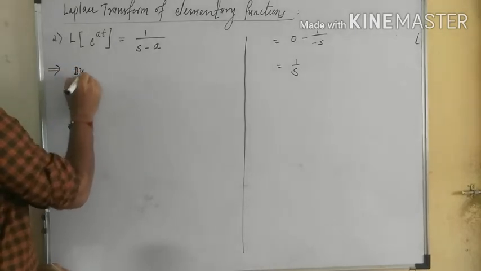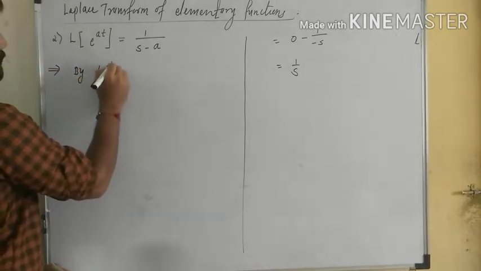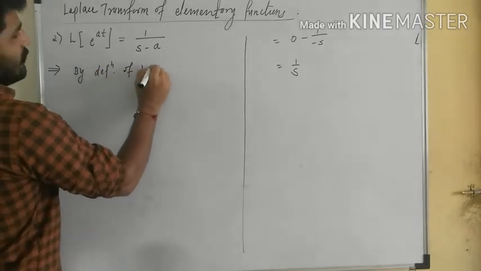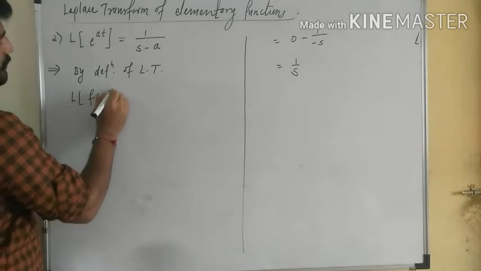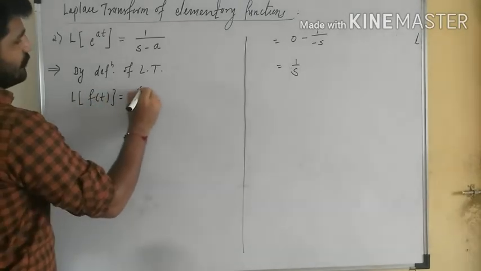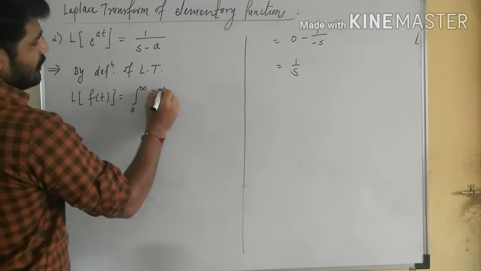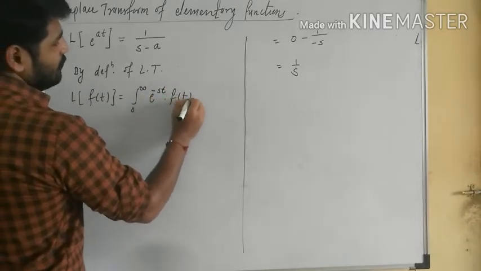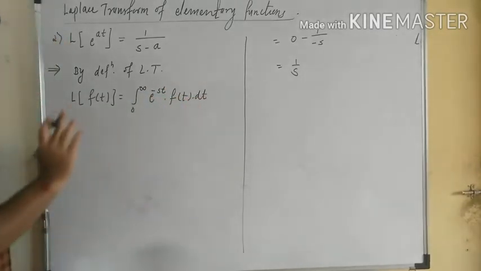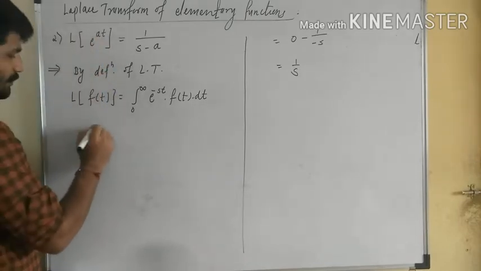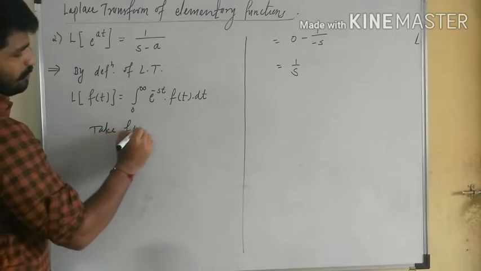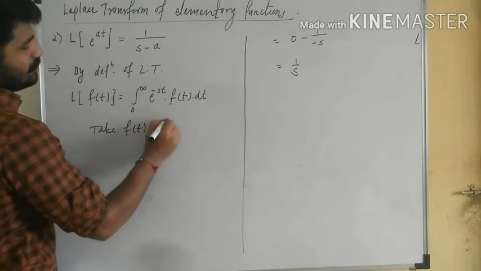By definition of Laplace transform, we know Laplace transform of f of t is equal to the integral from 0 to infinity e raised to minus st into f of t dt. So this is the definition. Now we take f of t is equal to e raised to at.